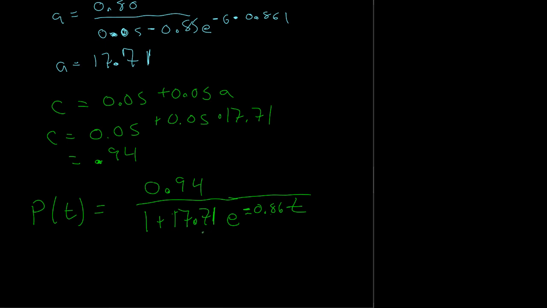But they make, if I graph a logistic curve, I know I drew one by hand, but let me graph one here. In fact, I'll graph this. Divided by, what do we get? 17.71.